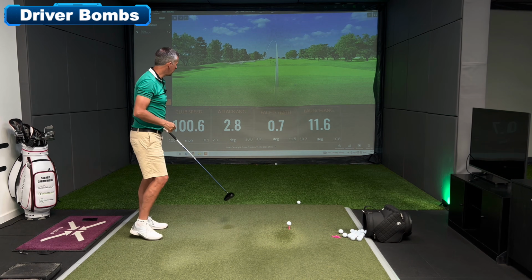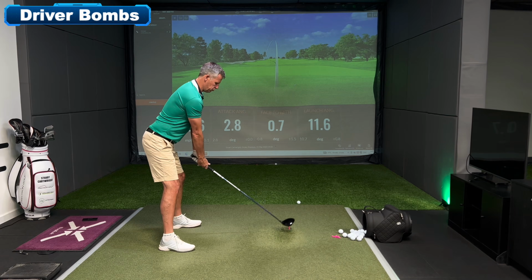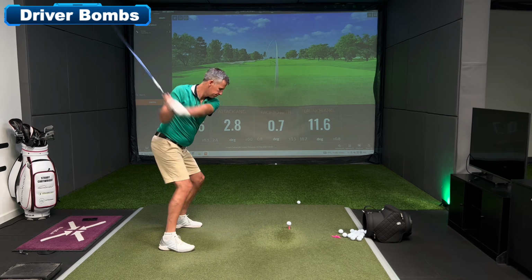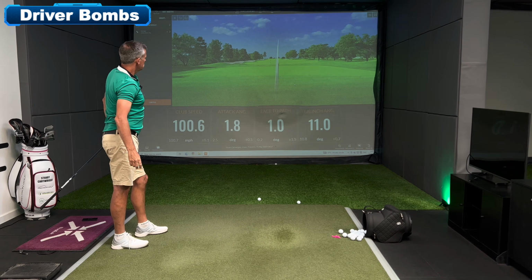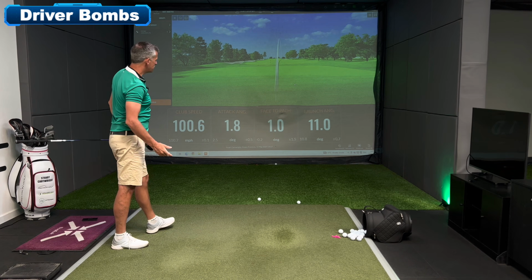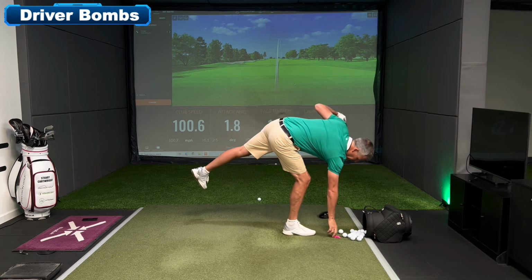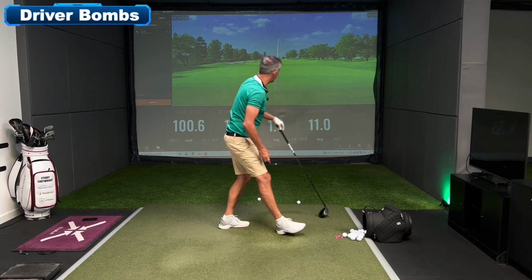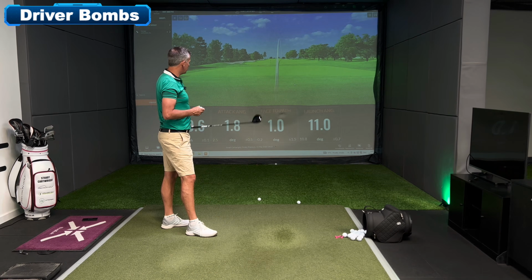So I'm going to go one more again, just to keep it nice and neutral if we can. So again, up to 1 degree open face to path, slightly more out the heel on that one, saw a bit of a fade, and off she went to the right. But then, because I didn't hit it out the toe, you still saw the fade that we should have seen.